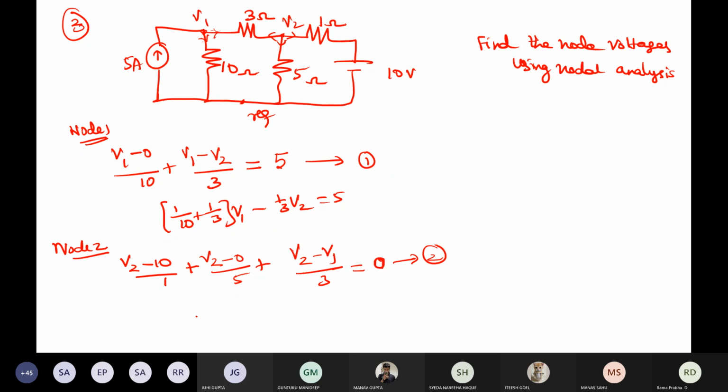Then collect the terms: 1 by 1 plus 1 by 5 plus 1 by 3 into V2, minus 1 by 3 into V1, is equal to 10. These will be your equations 3 and 4. Solve them and get me the answers for V1 and V2.